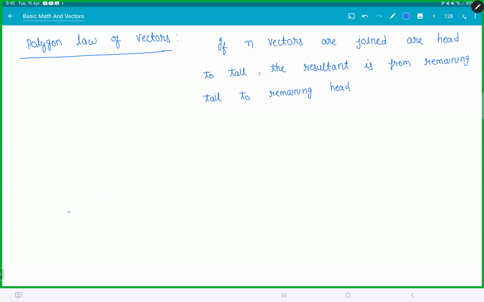So if you have vectors like this, let's say this is AB, BC, DE, and F like this.